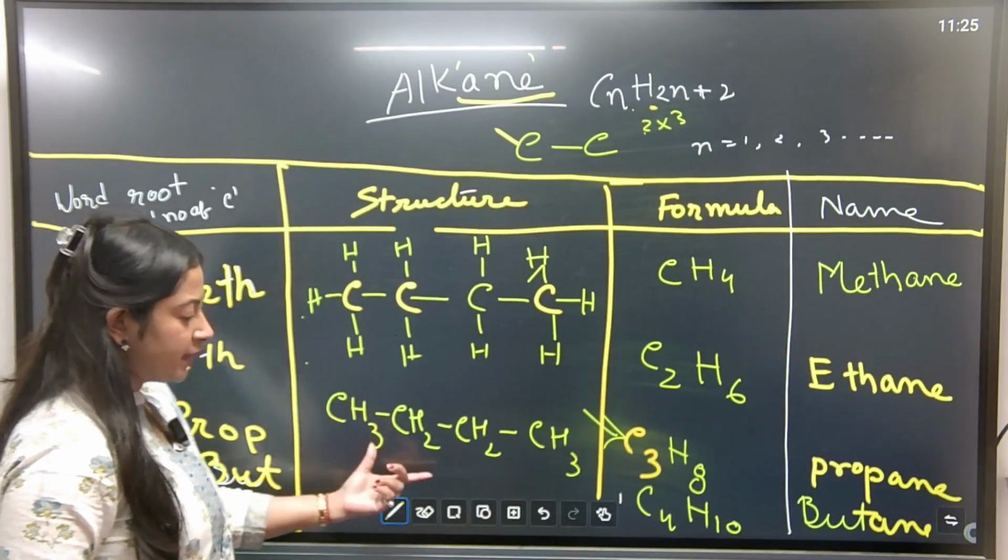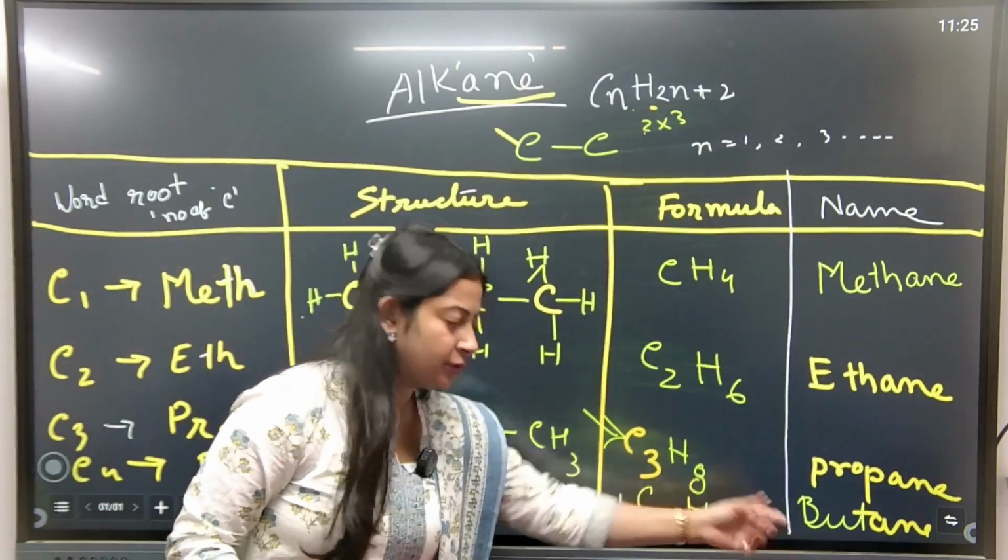Now this is butane. As a whole, the formula is C4H10, butane.